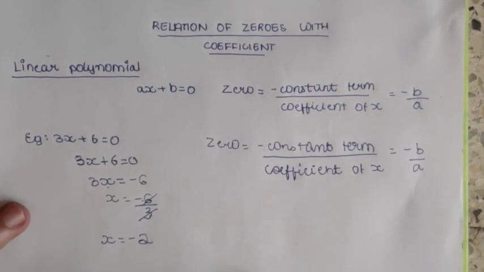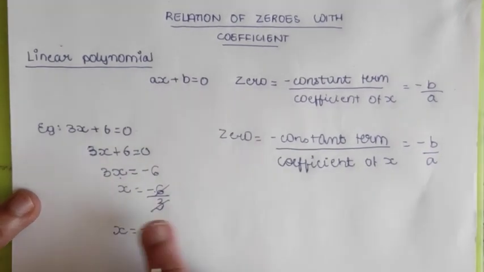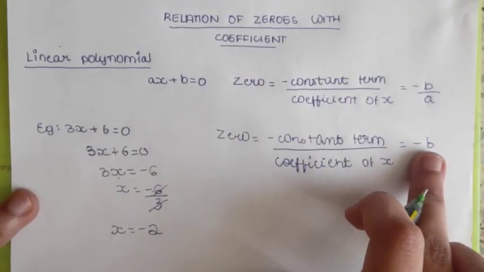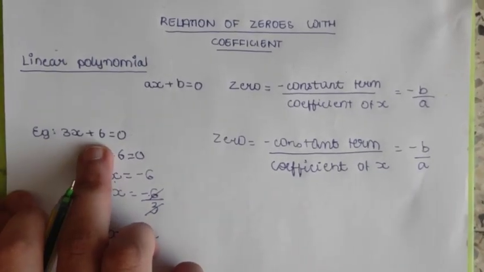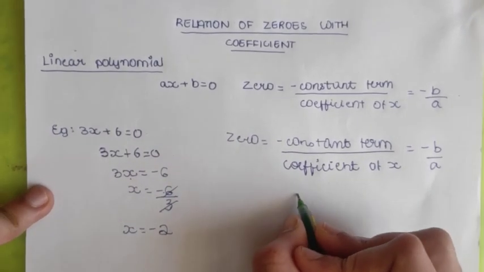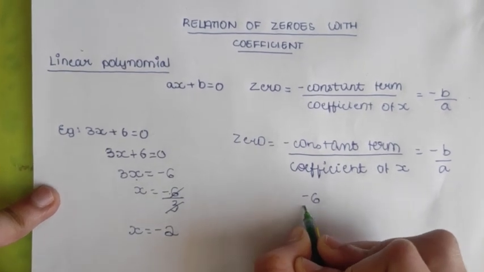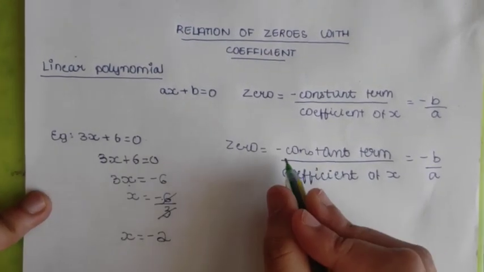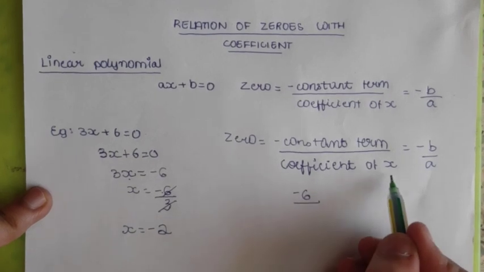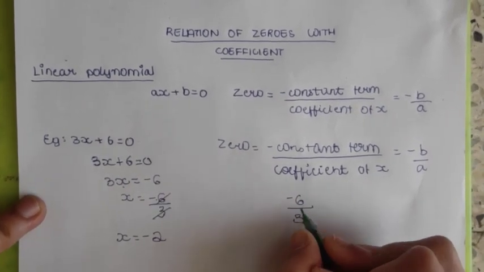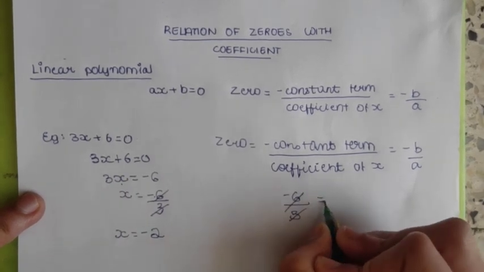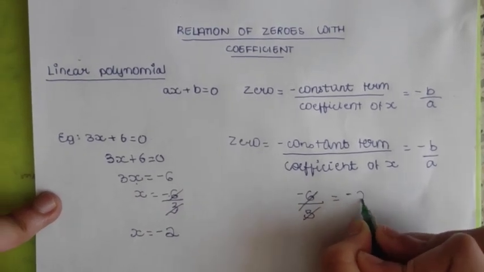Now let's put the values here. Minus b, where b is the constant term, here the constant term is 6, so that becomes minus 6. The coefficient of x is 3, and when we divide, it becomes minus 2.